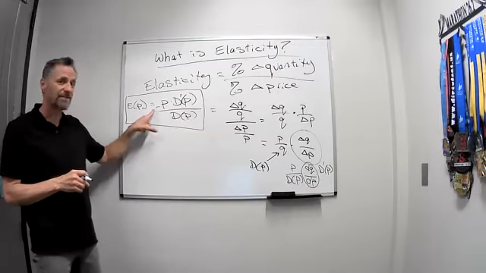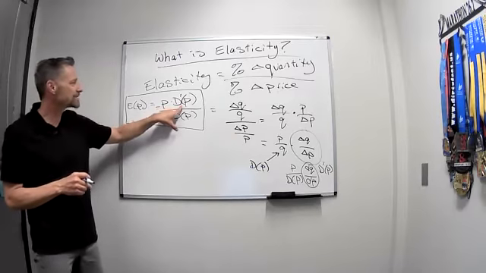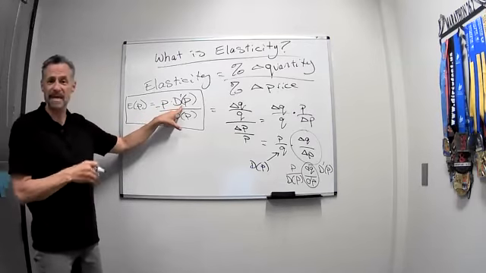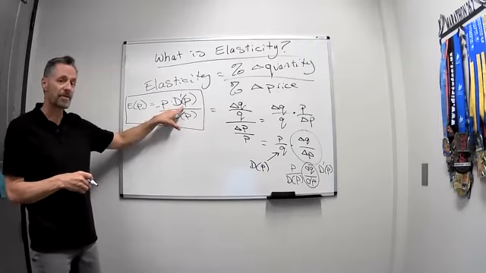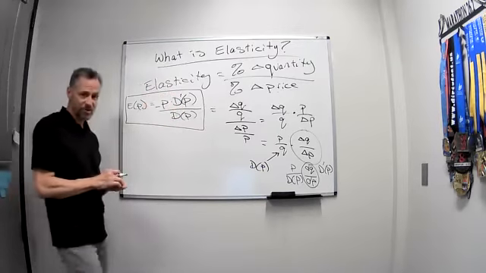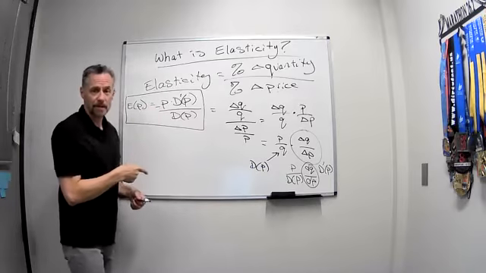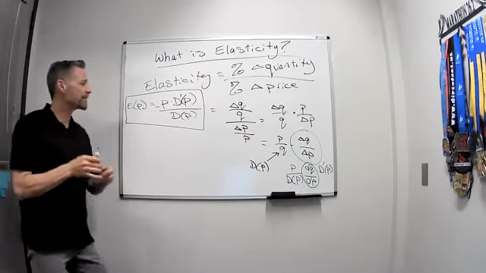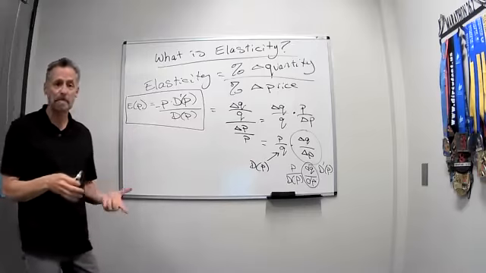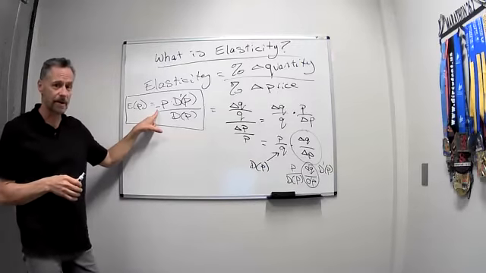Now this negative here is always going to cancel out with your D prime of P because that's always going to be negative. So do be careful about that. If you get a negative answer and that didn't cancel out, you did not do it correctly. This always comes out as a positive number since we changed the sign right there.